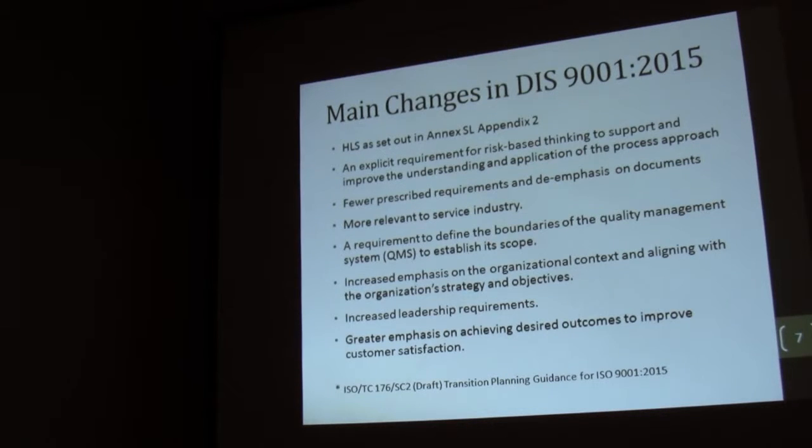Requirements to define the boundaries of your quality management system. You need to establish that. So they're talking about looking at risk and opportunities for your business management system, or your management system, quality management system. Once you define the risk and opportunities, you define who your interested parties are. We call them stakeholders here.